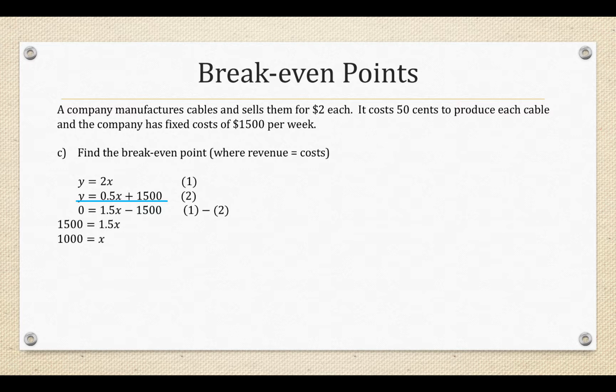We want to identify what that x value stands for. And that x value is the break-even point of 1,000 cables. So if we manufacture 1,000 cables, we neither make a profit nor do we lose money.